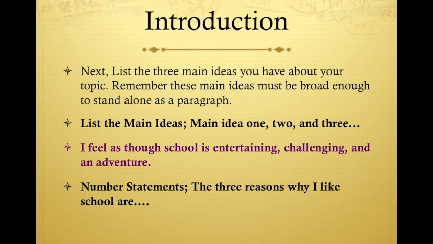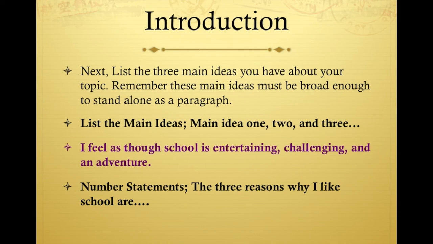After I have my hook sentence, then you want to list the 3 main ideas you have about your topic. Remember, these main ideas must be broad enough to stand alone as a paragraph. We are writing a compare and contrast essay, so we want to make sure we're listing out a comparison, a similarity, and a difference in our introduction, but just in one sentence. We're just listing them out, okay? Main ideas 1, 2, and 3 should all be able to fit into one sentence.